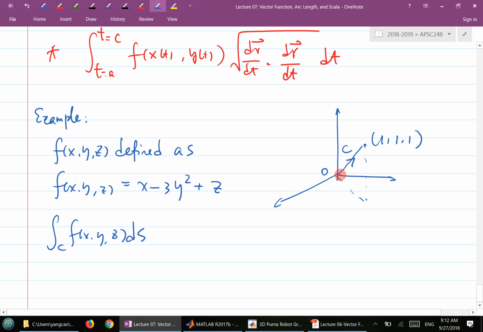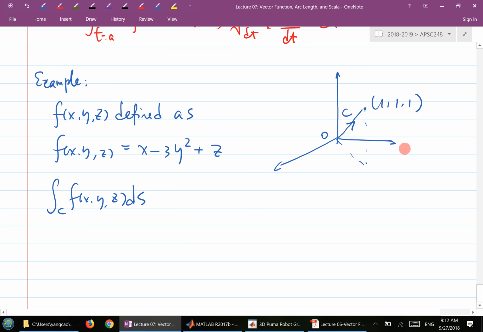This is kind of straightforward because it goes from 0 to 1, 1, 1. So basically, x goes from 0 to 1, y goes from 0 to 1, and z goes from 0 to 1. Then a possible candidate parametric equation for the curve C could be what?